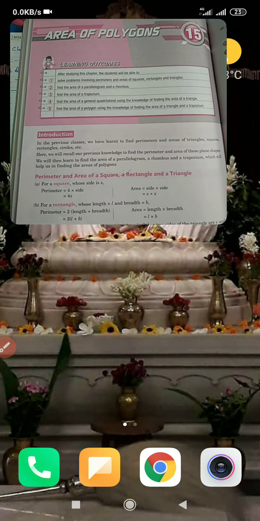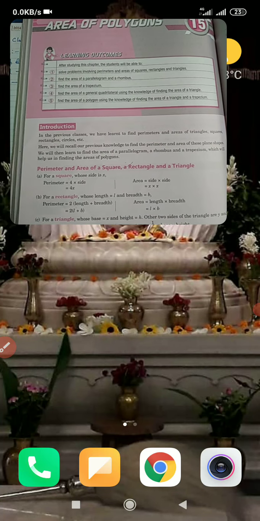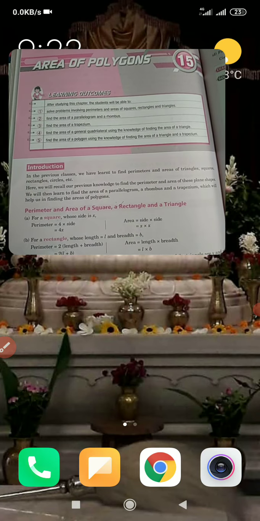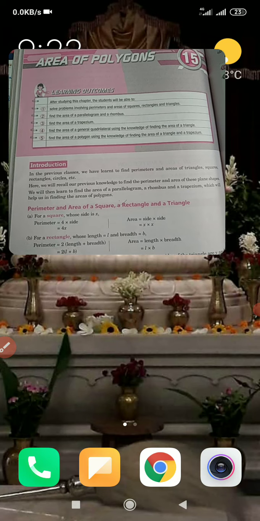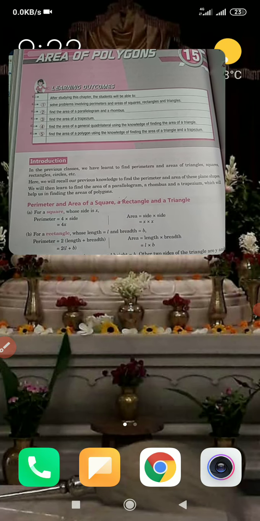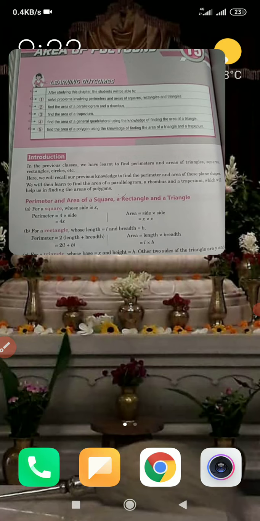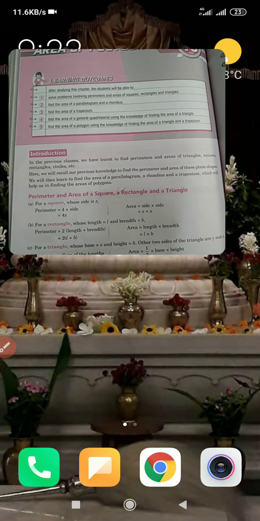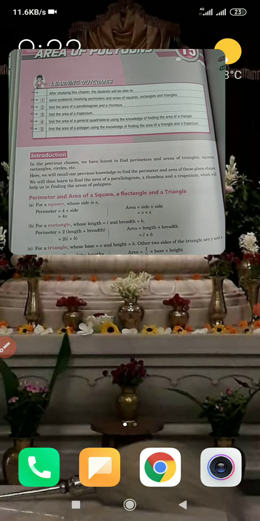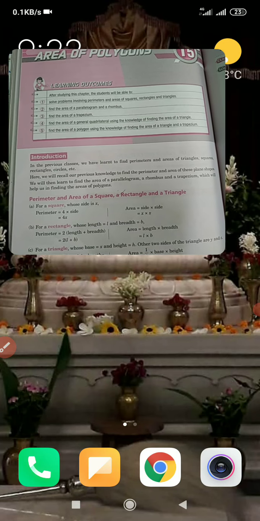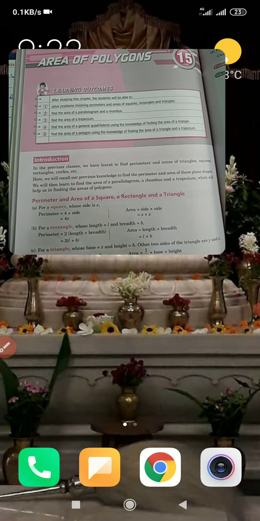Okay, now the next is there are two types of polygons. First one is regular ones and the second one is irregular ones. Regular ones are those which have equal sides and equal angles, which you have already got in class 6 or 7. And the irregular ones, for example, rectangles, or in case of triangles like scalene triangles or isosceles triangles, some of them have two sides equal, but not all the sides equal.